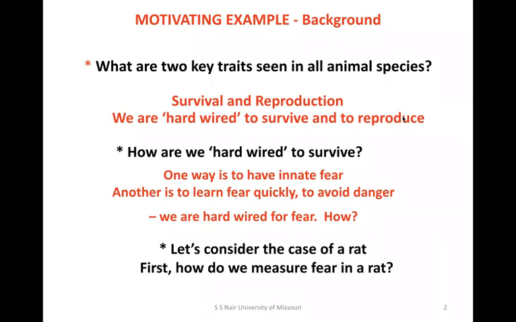So going back to learning fear quickly, for instance, if you see a hot stove for the first time, and you don't have any indication of it being hot or warm, if you touch it, you will quickly learn that the stove is hot.